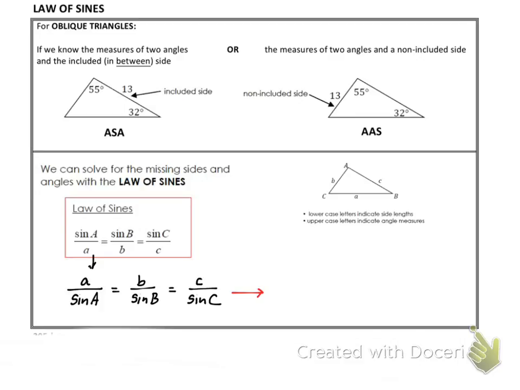If I'm looking for a side, I'm going to put the sides on top, and I'll have my angle on bottom. We're trying to find a side. So that means I'm probably going to use this one when I'm looking for an angle. So if I'm missing an angle.